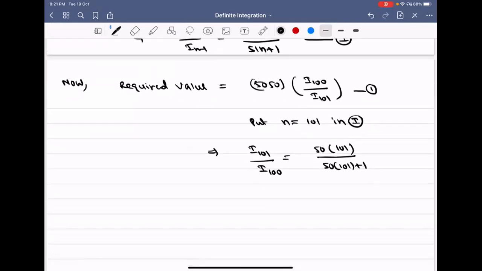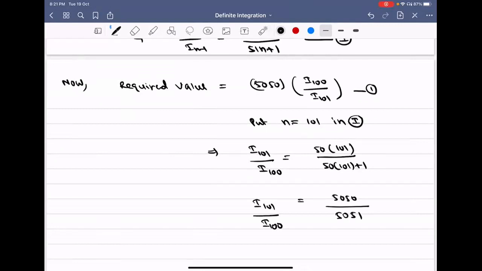So this is I 101 by I 100. Therefore I 101 by I 100 is 50 into 101, which is 5050, over 5050 plus 1, which is 5051.